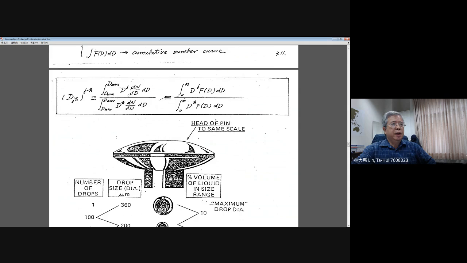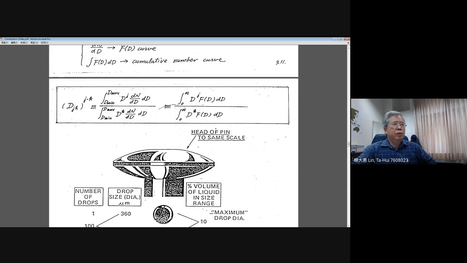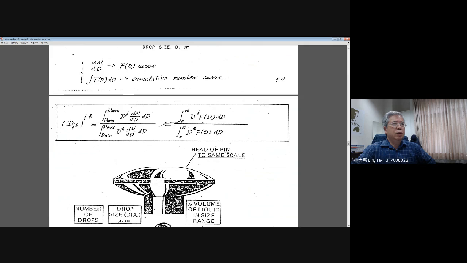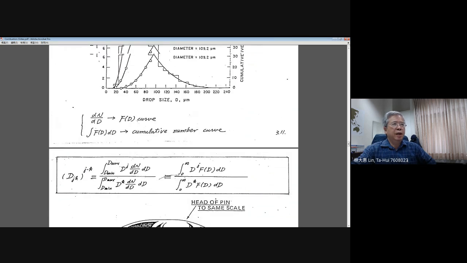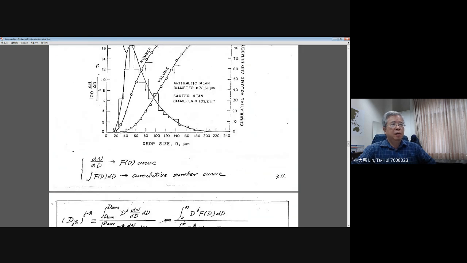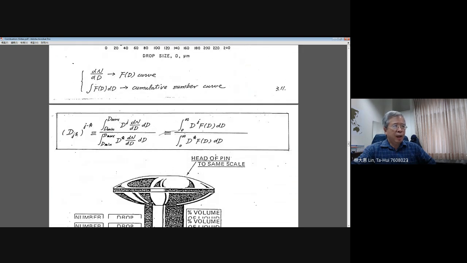Okay. And here the representation inside the integration is Dj times dN divided by dN dD. dN dD, as we defined earlier, is equal to f of D, right? This is a distribution function. We have this curve, the continuous variation curve. And for Dj, if j equals 1, actually they are talking about the average, the total value you can evaluate based on the droplet diameter.